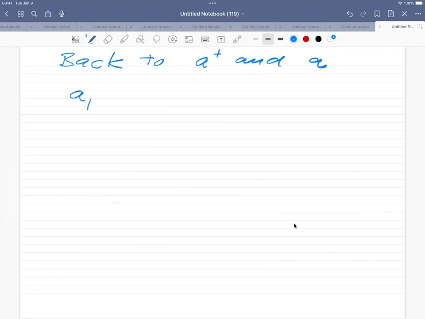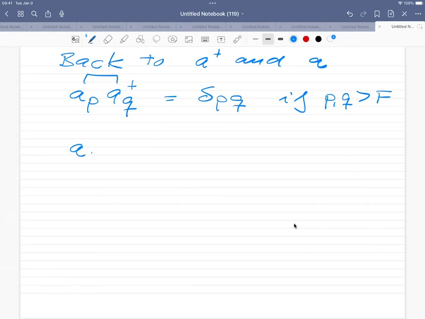But now we need to be a little bit more careful with the way we define the contractions. So this is equal to delta_pq if p and q are above the Fermi level. This is what we had before. Then I'm going to introduce a contraction which previously, with respect to the true vacuum, was 0.